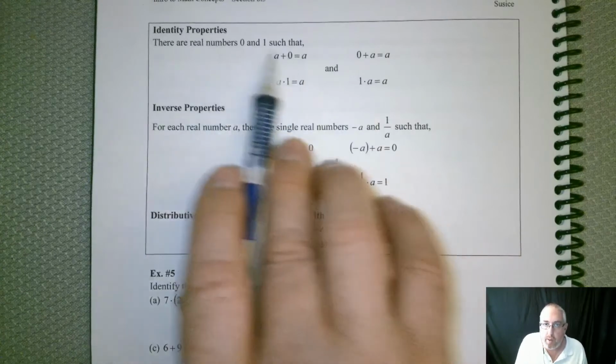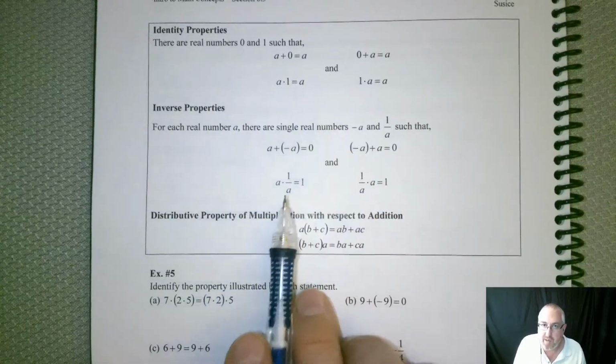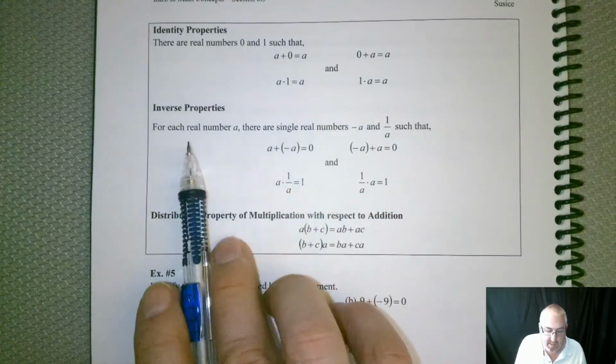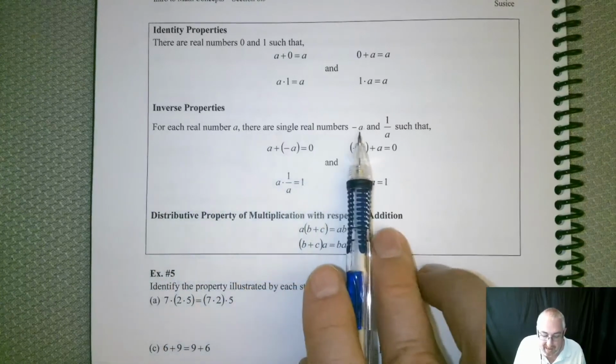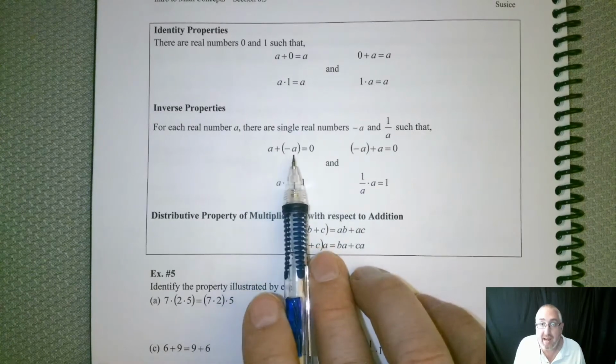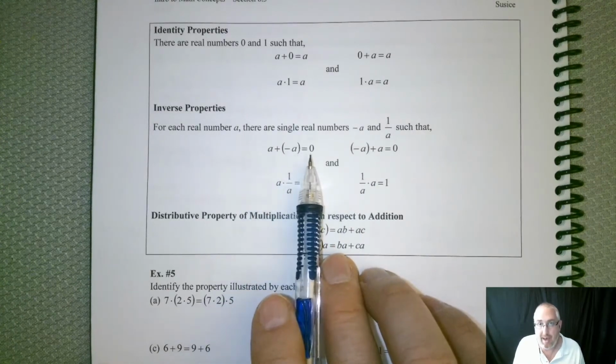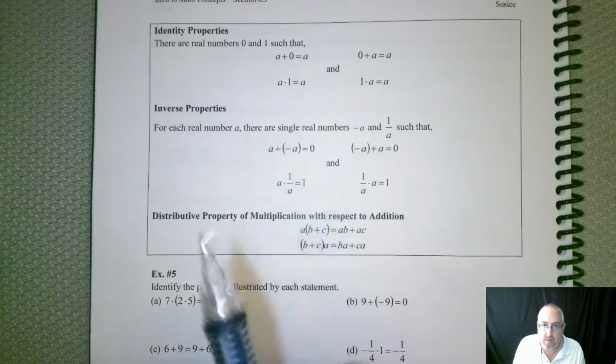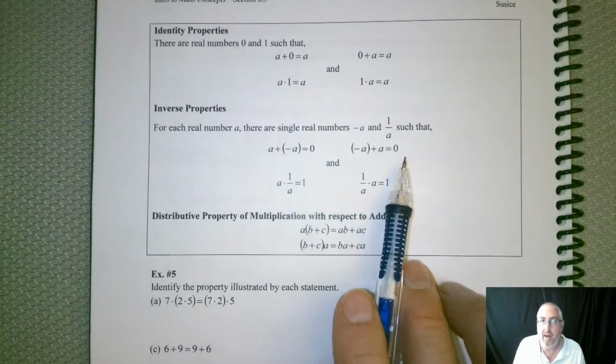So this one, though, you've got to be careful because it gets confused with the next one. This one says that there are real numbers negative a and 1 over a such that if I add a and negative a together, I get 0 out of it. Or if I reverse it and add it, I still get 0 out of it.